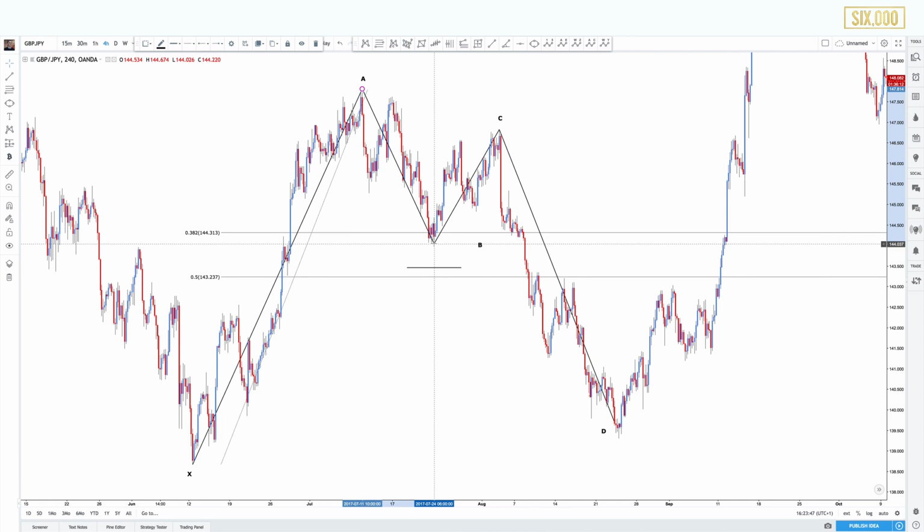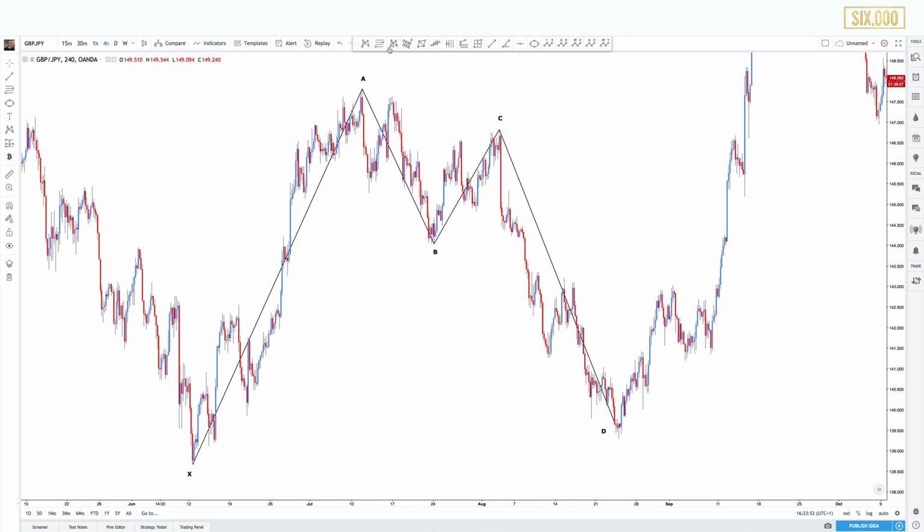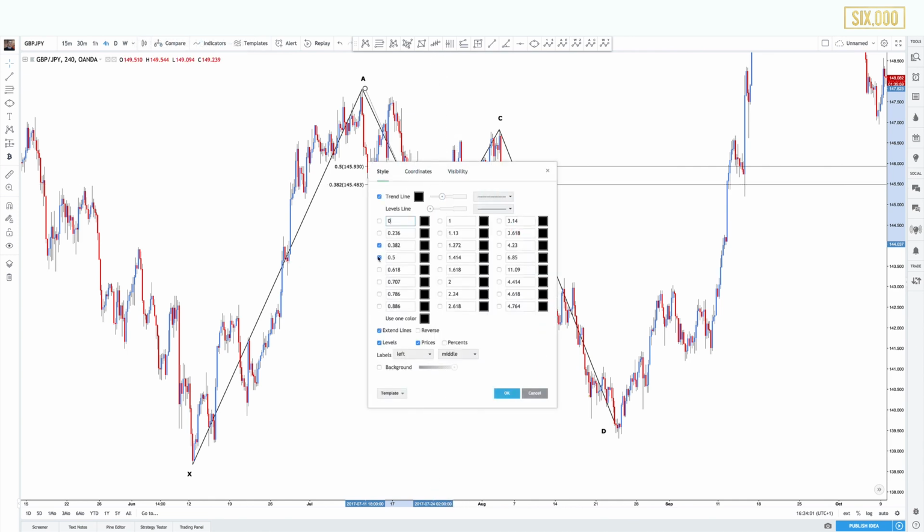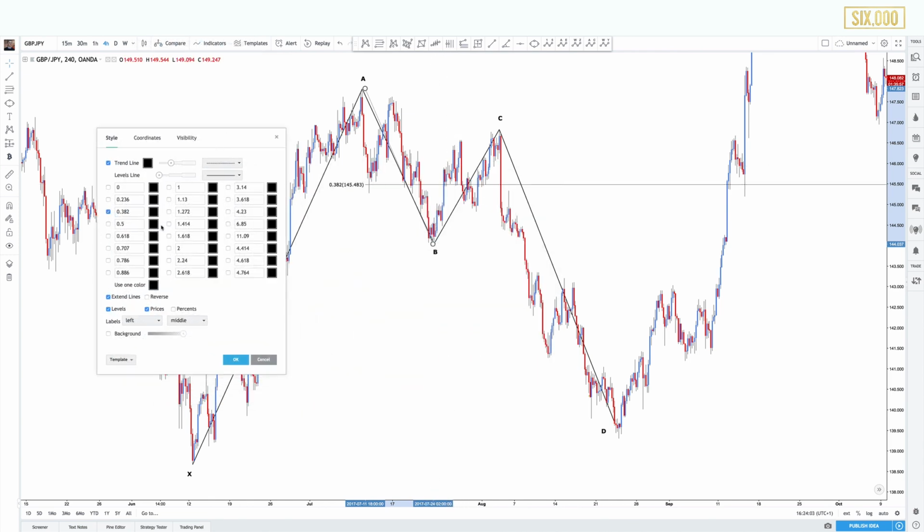If I just adjust these levels again, our next measurement we're looking at is the C point. We're going from A to B. We can see price definitely confirmed that minimum 0.382. The maximum is 0.886. We don't want price to go far beyond that measured level.